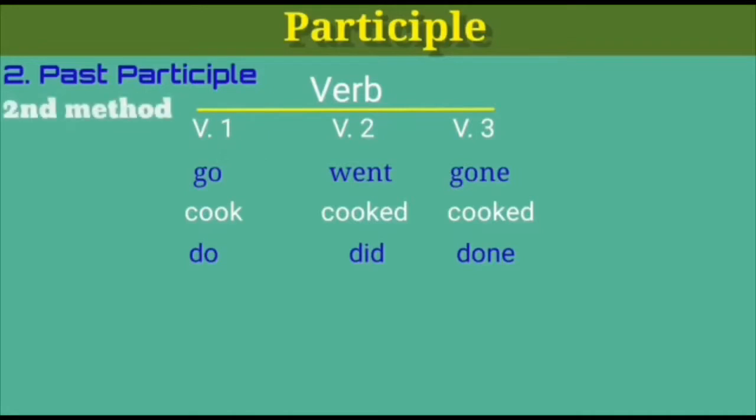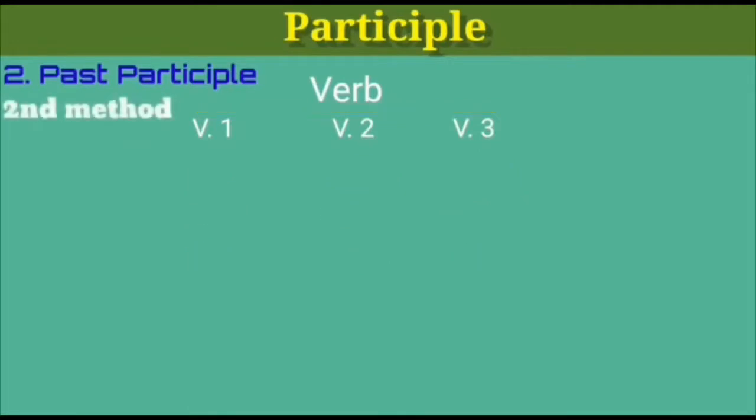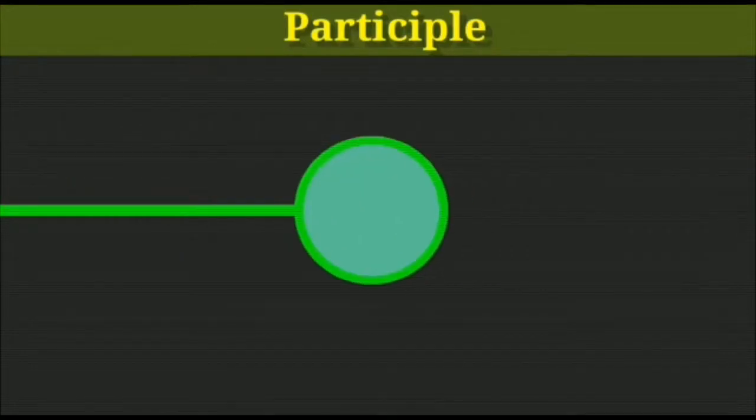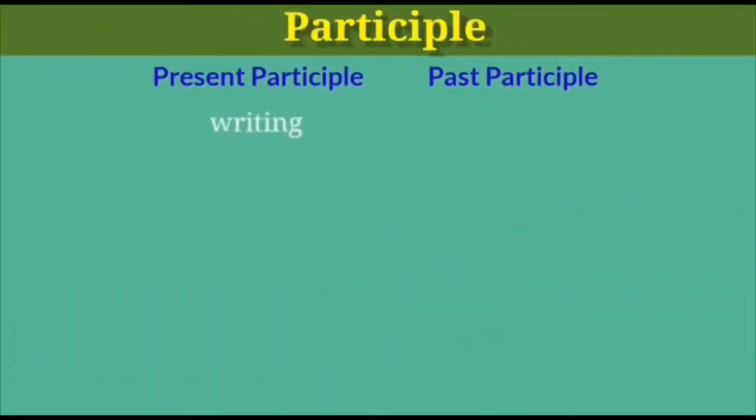Now the third thing about participle is that it is used as an adjective. So let's try to use them as adjectives. Let's take some present and past participles first. Writing: write is a verb ending in ing, so it is a present participle.